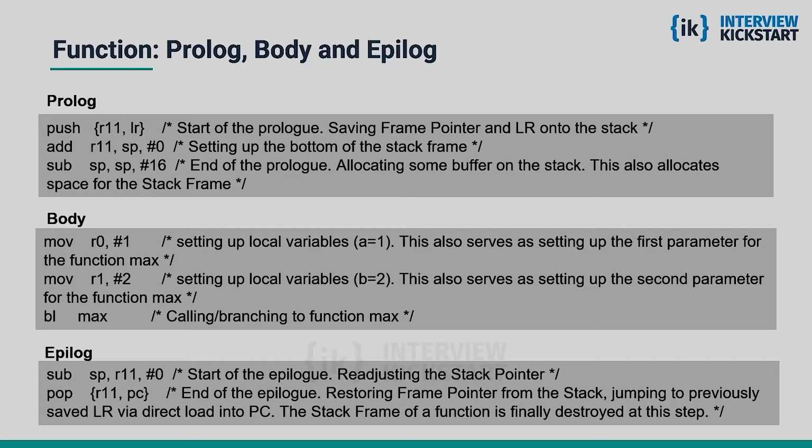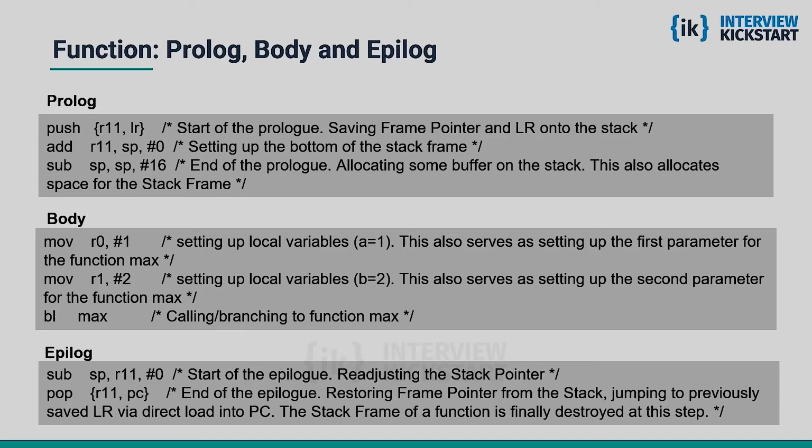So if a function has a local variable and it has to be stored on the stack, simply by adjusting the stack pointer, the compiler can reserve locations for the local variables, and it can address them using an offset from the adjusted stack pointer. So without having to store the frame pointer, it can access the local variables.